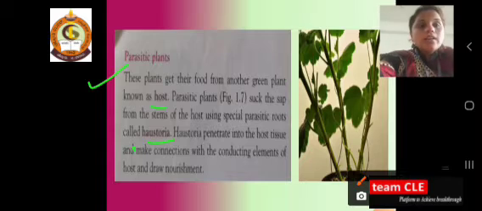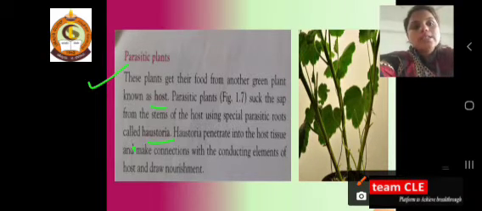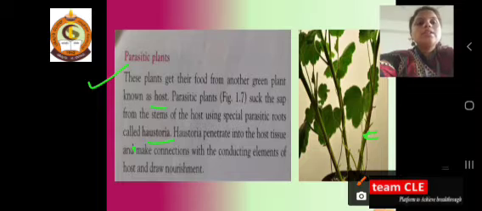You can see this image and how the movements are going on here. This green plant is taking its food; it is attaching to another stem. This is one of the plants which gets its food from another plant.